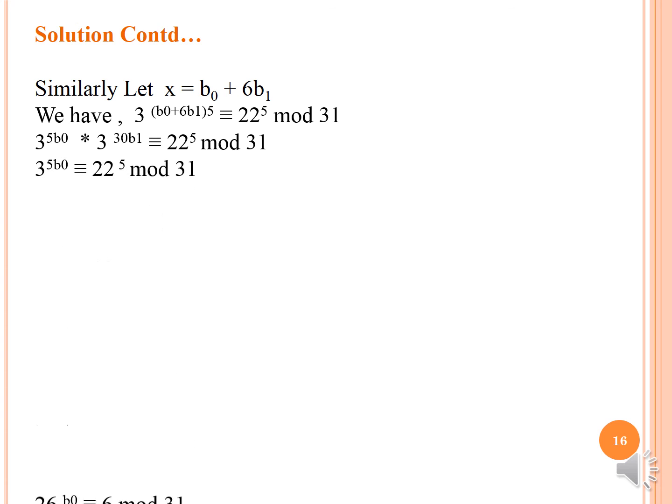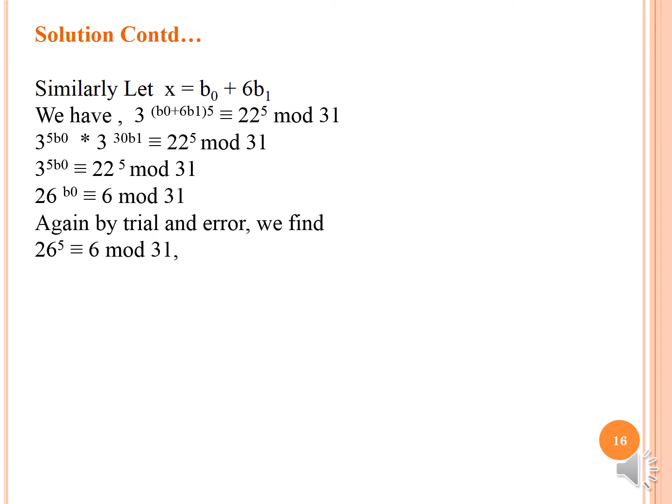After solving this, we will find the expression 26 power b0 is congruent to 6 mod 31. So we have to find the value of b0 by applying the trial and error method. Here we are getting the value of b0 equal to 5.